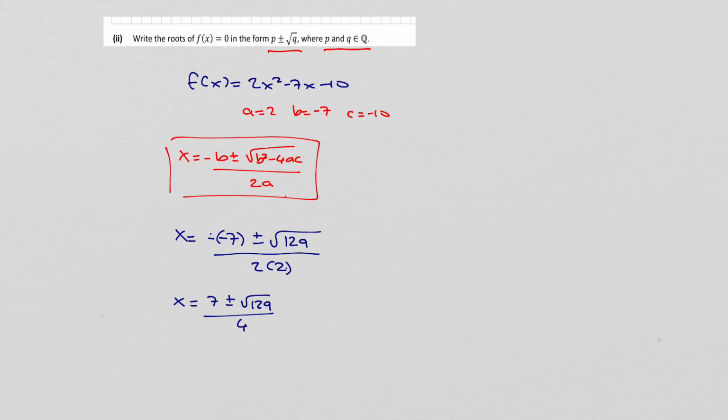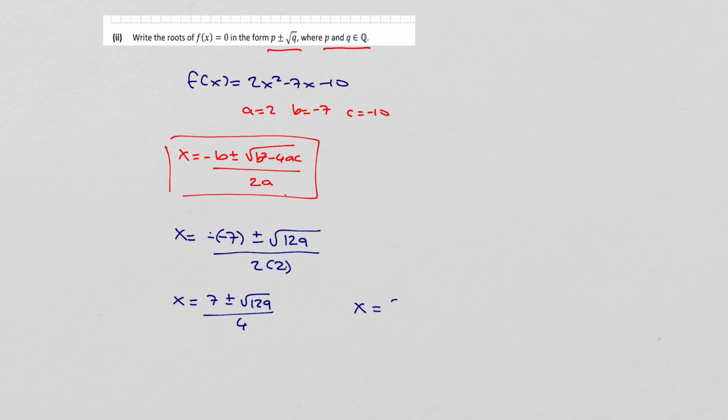Now, of course, we have to write this in the form of p plus or minus root q. So I have to write that as 2 separate values: 7 over 4 plus or minus the square root of 129 over 4. However, that's not root q there. That's root q over another number. So I have to write the square root of 129 over 4 as 1 square root.